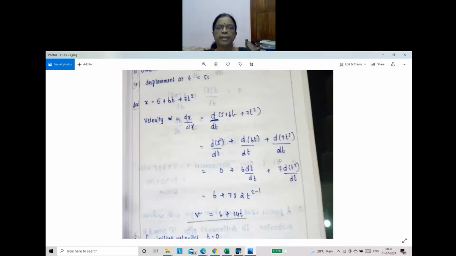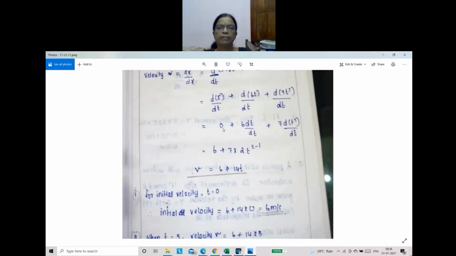The derivative of a constant is 0. 6 is taken outside, dt by dt, plus 7 is taken outside, d by dt of t square. Then we apply the formula n x raised to n minus 1. So 6 into dt by dt is 1, so it is 6, plus 7 into d by dt of t square, which is 2t raised to 2 minus 1. 2 minus 1 is 1, so 2t. So 7 into 2t becomes 14t. So 6 plus 14t.